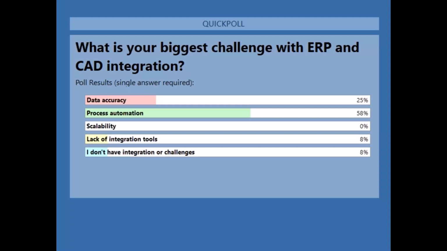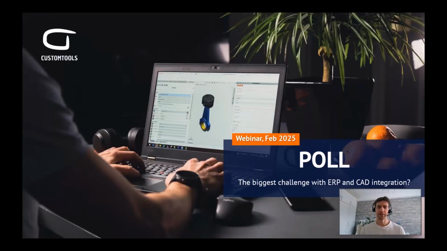Maybe I would consider even data accuracy an even bigger challenge from my perspective, but this was an interesting result. Also a few votes for other options, but scalability didn't seem to be any big problem.